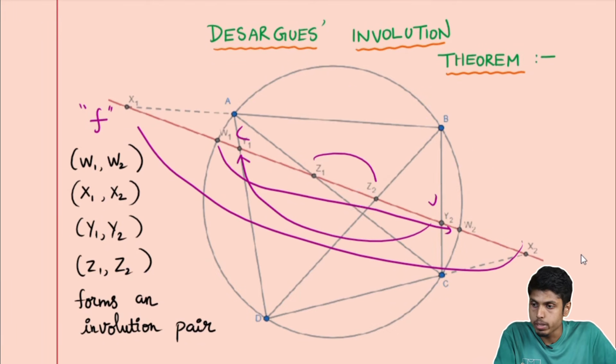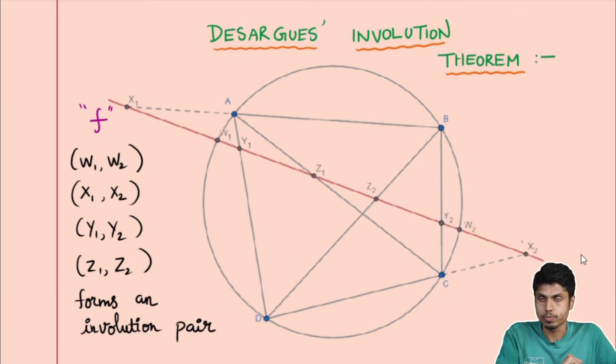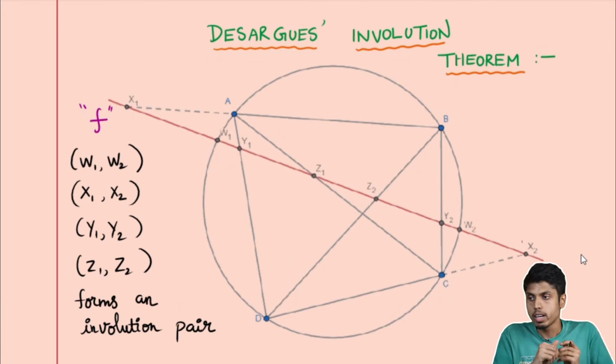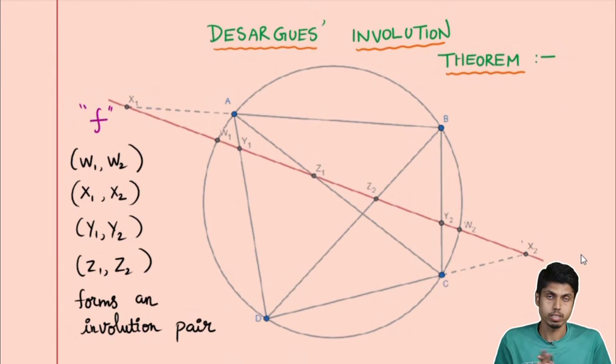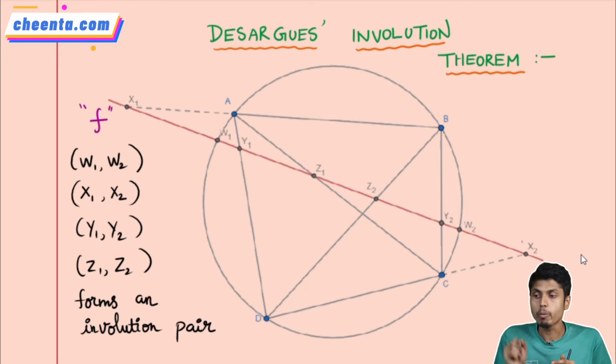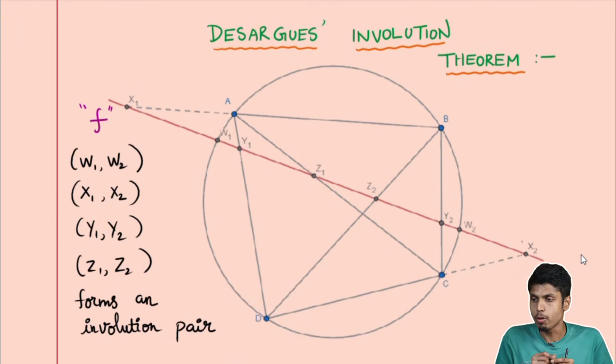And this map preserves the cross ratio. We know that any map that preserves cross ratio and is an involution is nothing but an inversion map, inversion about a point on the line, for some radius of inversion.